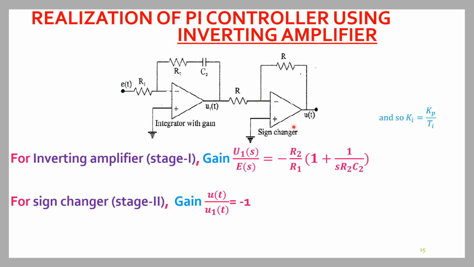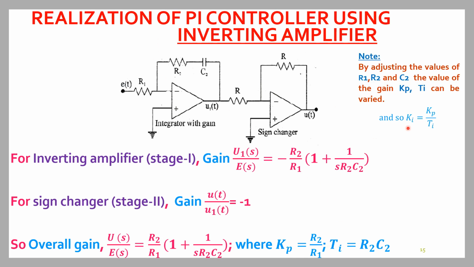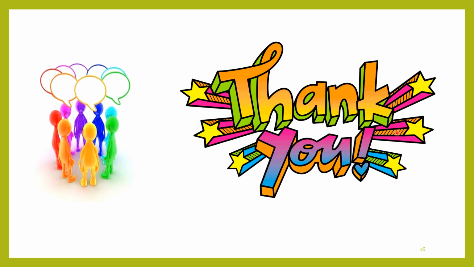Let us find the overall gain as U of t by E of t, multiplying both the values, and my gain is R2 by R1 into 1 plus 1 by S into R2 C2, where R2 by R1 is Kp, and R2 into C2 is my integral time constant. So by adjusting R1, R2, C2, I am able to control Kp and Ki, which may affect the pole location and hence the stability of the system.